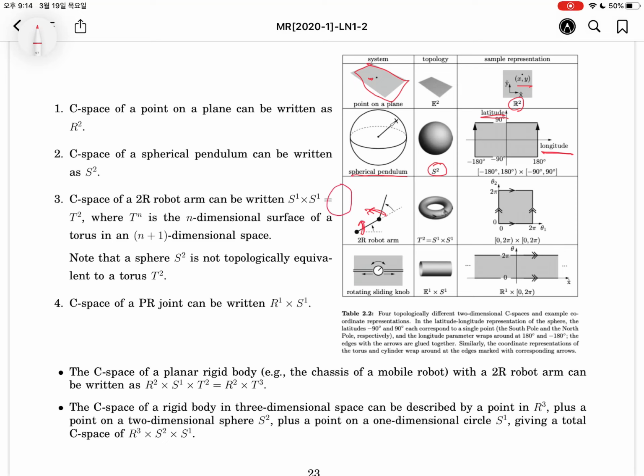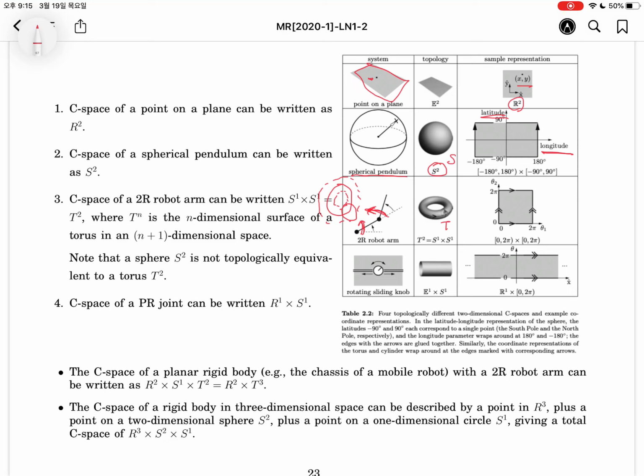This angle makes a circle, and this angle makes another circle, without intersection between both. Let's generalize this concept, then we will get a torus, not a sphere. So this is the torus, this is the sphere.